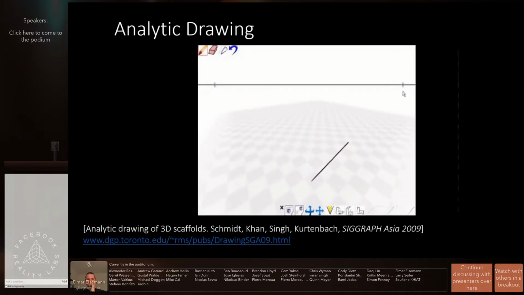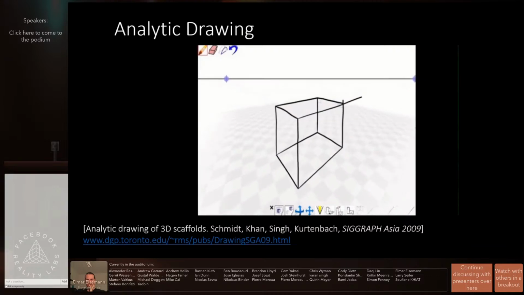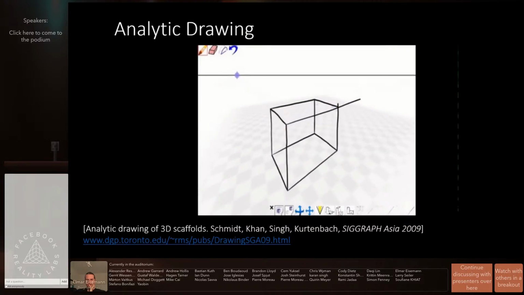In this case, the scaffold provides the constraints on how to interpret 2D strokes as 3D curves. You might think it is overkill to spend all this time building a simple cube here, but complex 3D curves are built using the same drawing interface, using the same concept of a scaffold.